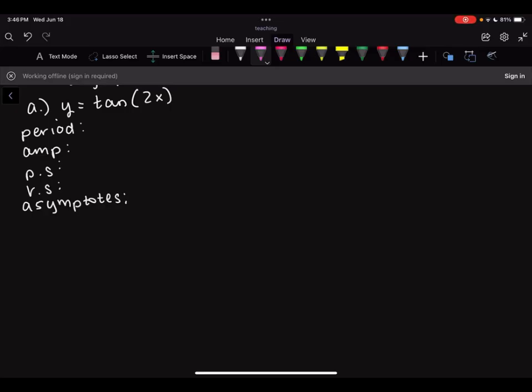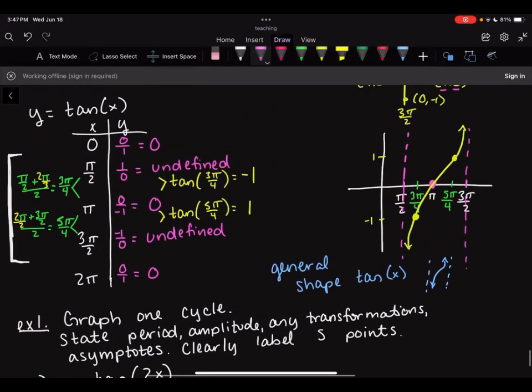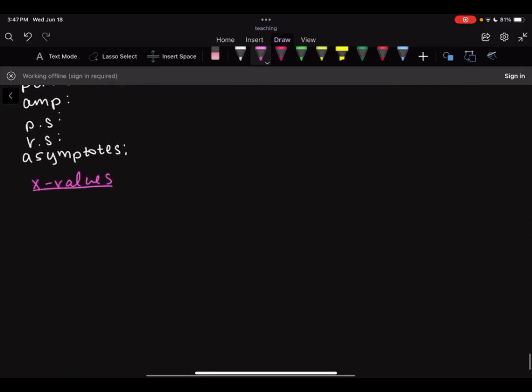So for my points, my x values, here's what I like to do. Earlier, when we graphed the original tangent, we found that setting it equal to 0 and setting it equal to 2 pi, these points right here didn't actually matter. So I'm not going to worry about them for this graph.